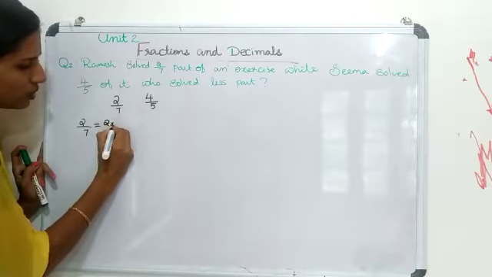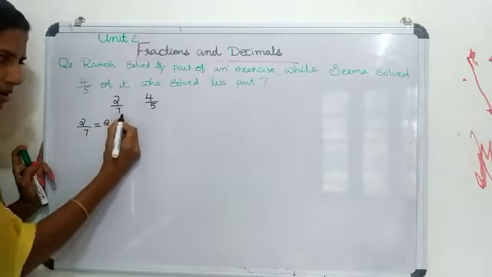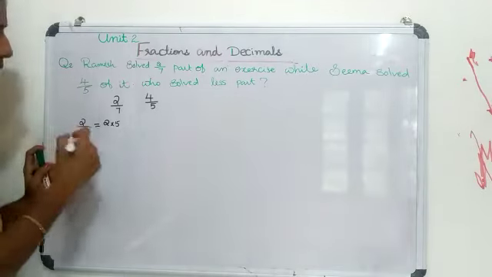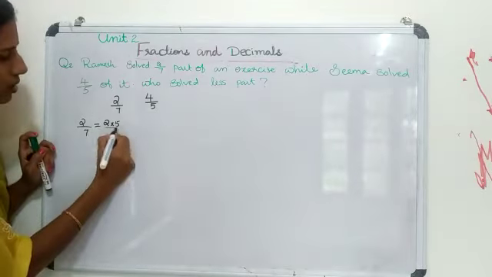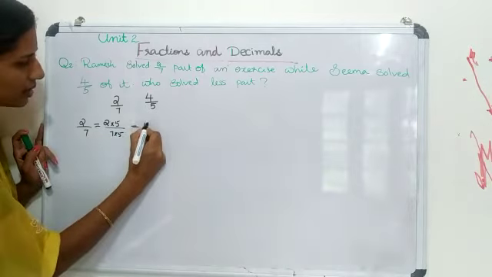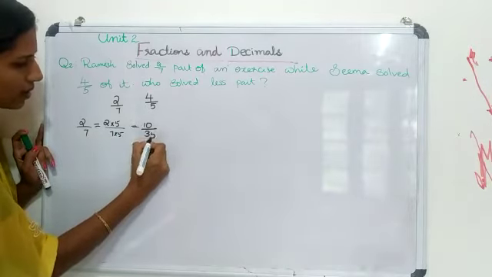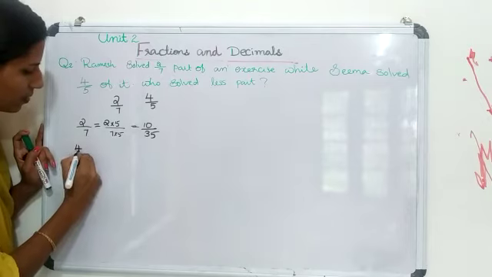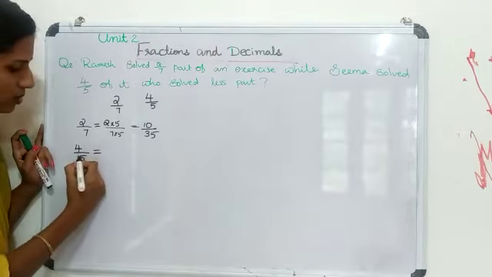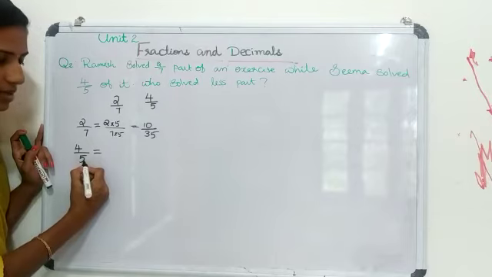When you multiply the denominator, you have to multiply the numerator also. 2 into 5 divided by 7 into 5 will give 10 by 35. Same way, 4 by 5 we have to make into a like fraction. We need 35 here.